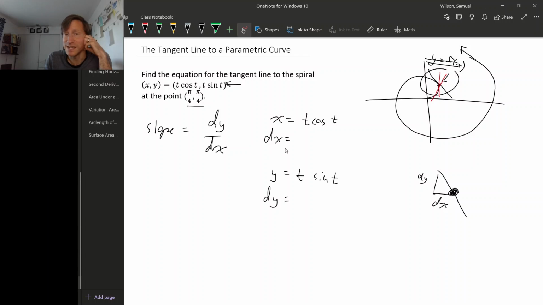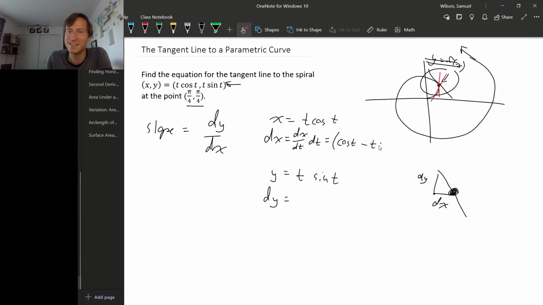So to calculate dx, that's going to be the derivative of x with respect to t times dt. So the derivative of x with respect to t, just take a regular derivative, treating t like the variable. We have to do the product rule, so we get cosine t plus a minus, because when we differentiate cosine, we get minus sine.